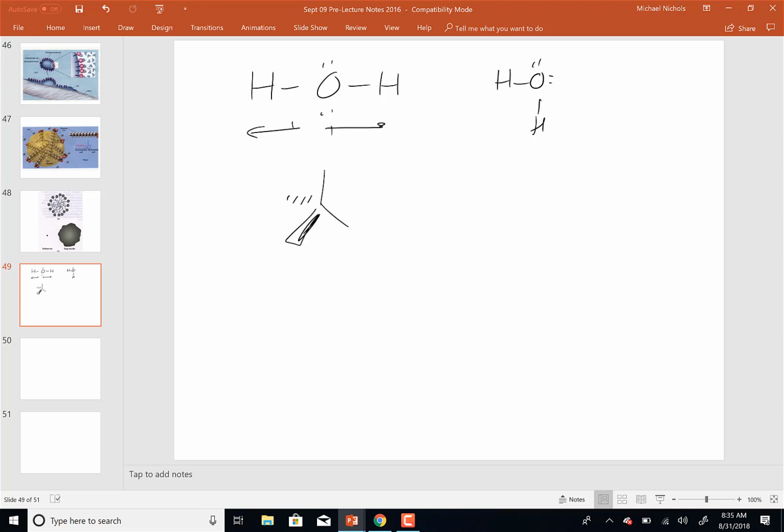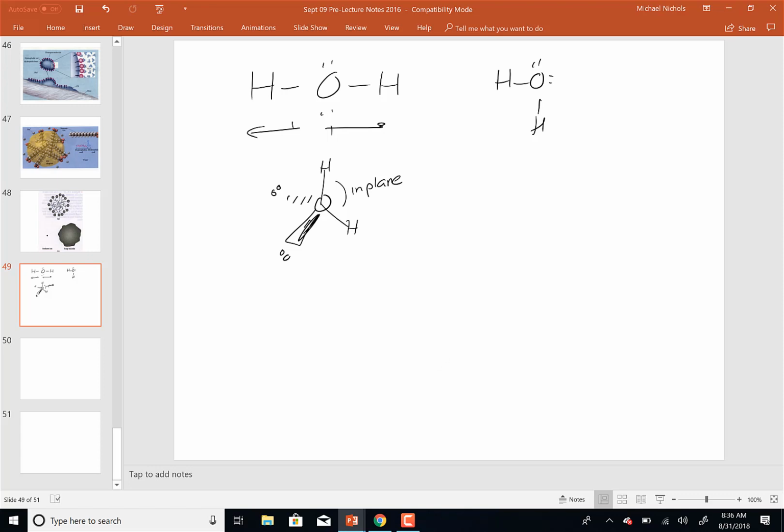Now, what I would do is I would say, here's my water molecule with my lone pairs here and here. Now, that structure that I just drew is a tetrahedral structure. And we're going to be drawing this a lot, so I might as well introduce it now. These two bonds that are normal are just regular bonds. They're in the plane of the screen.